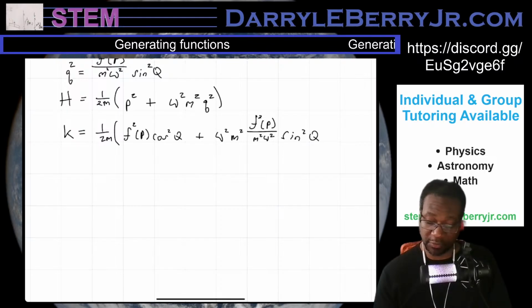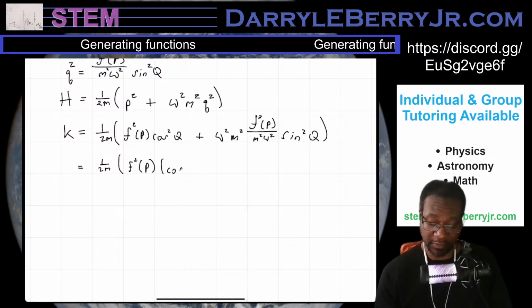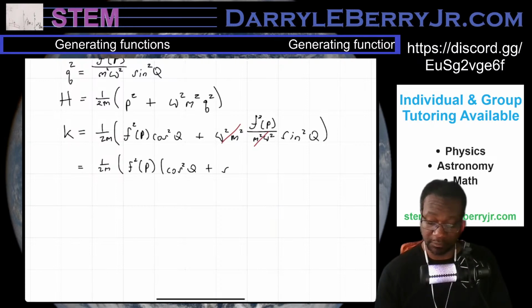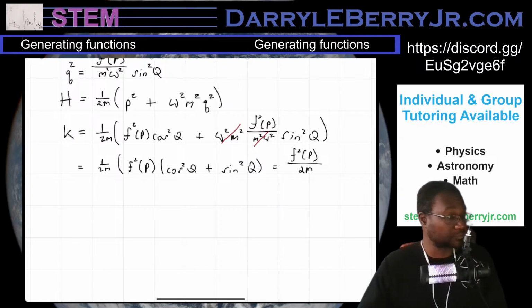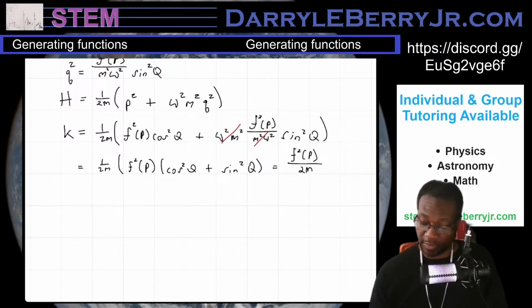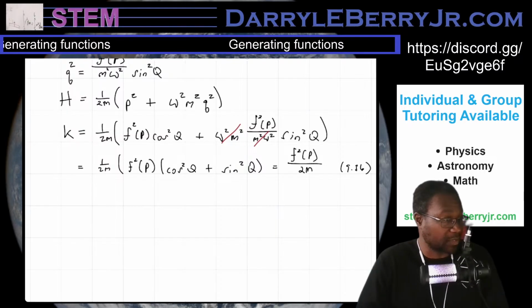Which equals 1 over 2m f squared of P cosine squared Q plus, since these two cancel, sine squared big Q, which equals f squared of big P over 2m. And this is equation 9.36. So that Q is cyclic.